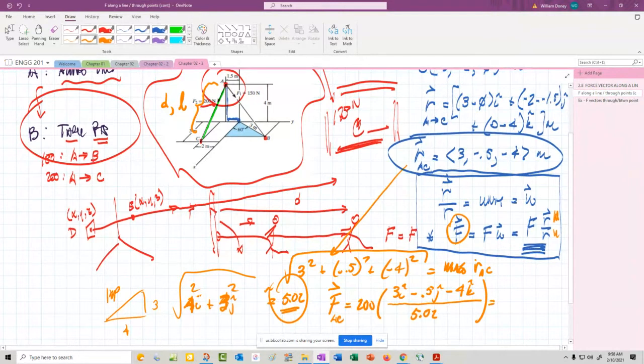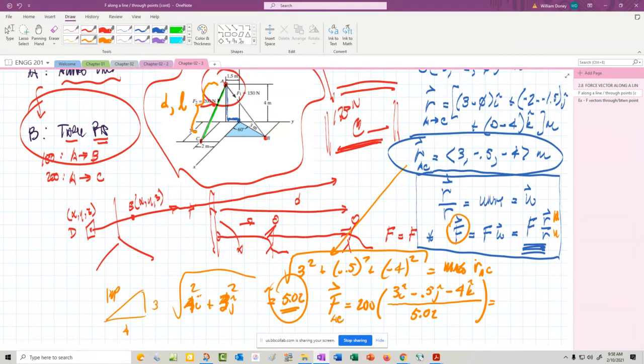Now, as you can see, we deal with the coefficients, the 200, 3, 0.5, minus 4, and the 5.02 in the bottom. But the i, j, and k's don't divide out, if you want to think of it that way. So we're going to have an answer that's still in i, j, k, which is what we want.